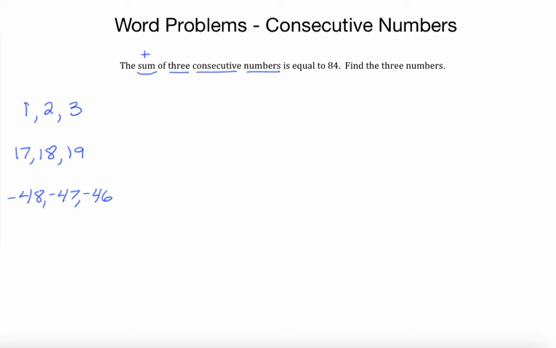So what we do is we start to look for patterns, right? Three consecutive numbers, what do I notice about these three numbers? Well, they're always one right after each other. So even though there's three things I don't know, I'm going to pick a variable. I'm going to specifically choose x to equal the smallest number out of the three.